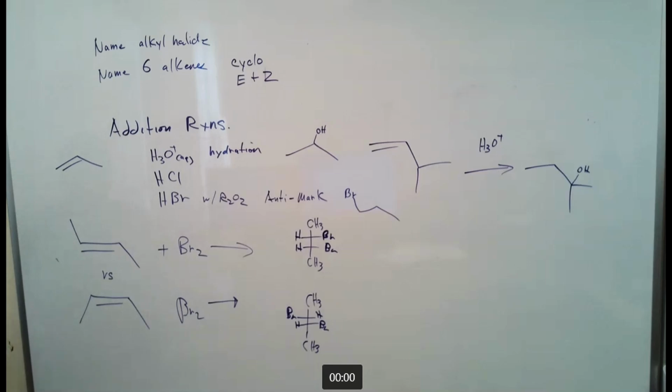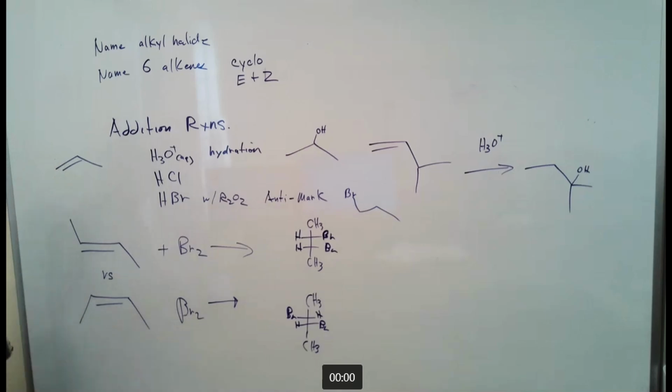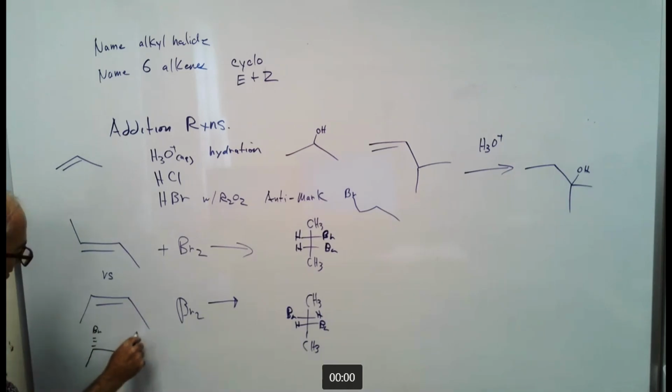So I was just going to pull up the PowerPoint slide where I said if you can't figure it out, just memorize trans gives you one, cis gives you the other. I think this one's going to be the easiest for me to rationalize because in the Fischer projection, the vertical lines are going away from you. So if I think about the trans nature of this, I can put one bromine going back and the other going forward.